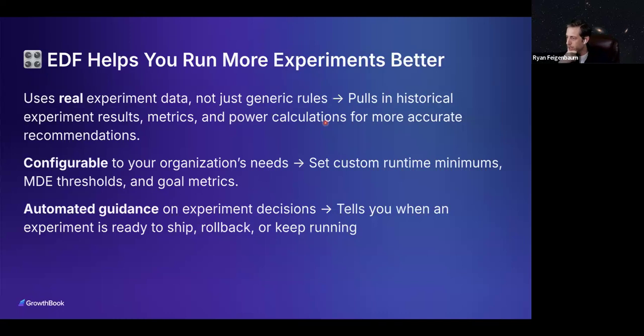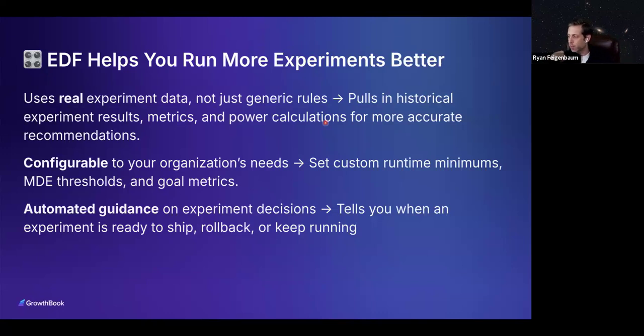Here are a couple of things to know before I show it. It's of course using real experiment data to get these recommendations. This is a key thing: it's not abstract, it's really pulling in data to figure it out. Again, like I've said with the other features, it's very customizable and configurable.